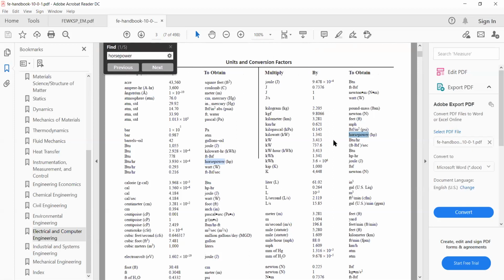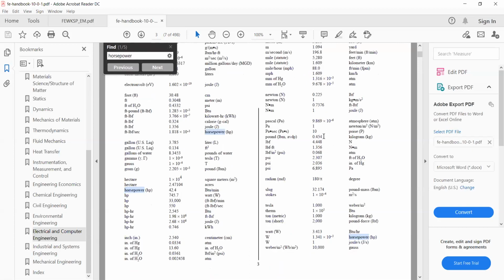Just watts, so we don't want a kilowatt conversion. Let's see. Feet, pounds. There's watts. 1.341 times 10 to the negative 3. So we need the inverse of that.